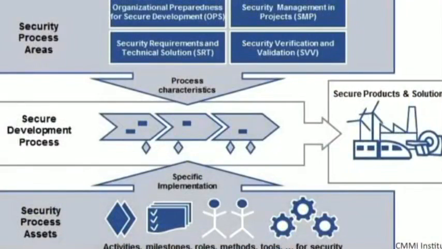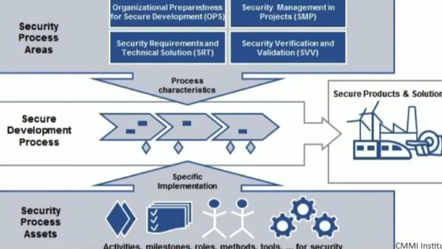And so from the top down, you can see you're looking at your organizational preparedness for your software development. So how well is your current network and infrastructure designed? Do you have your virtual private cloud implemented in such a manner that you can segment off from your publicly facing to your development environment to your staging and QA, your security management and projects?